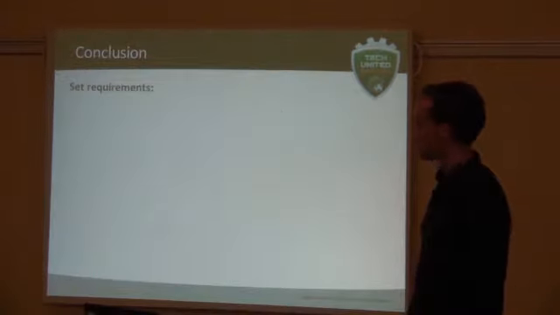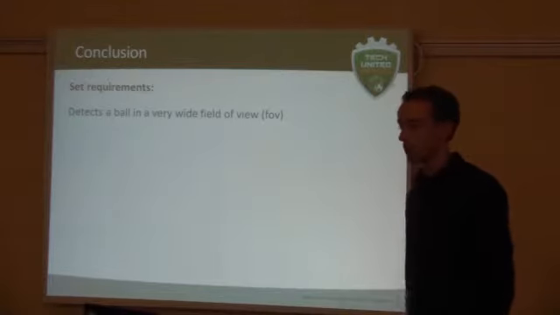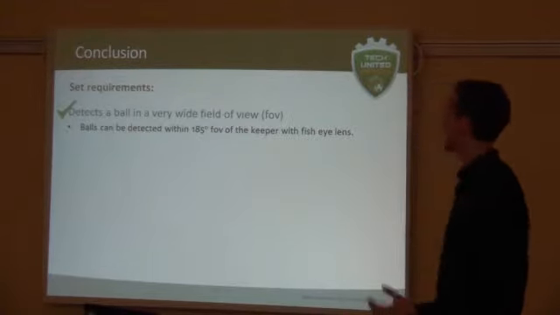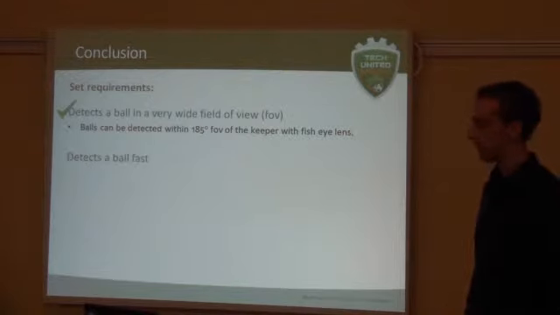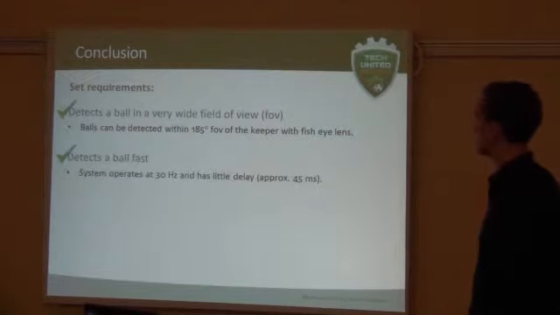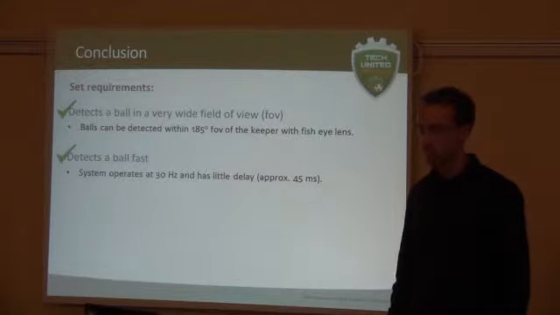So, that brings us to our conclusion. We wanted to be able to detect balls with a very wide field of view, and we're actually able to detect them within 185 degrees. It should be fast. The system mostly operates at 30 Hz, and the delay of the whole algorithm is about 45 milliseconds, so that's pretty fast.